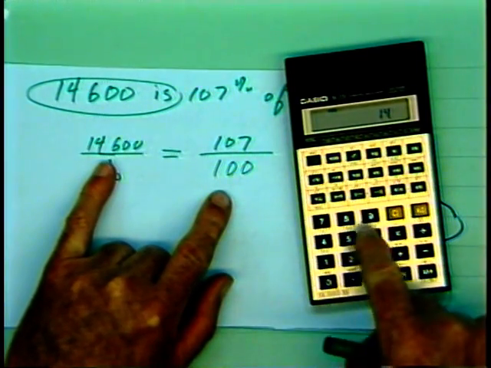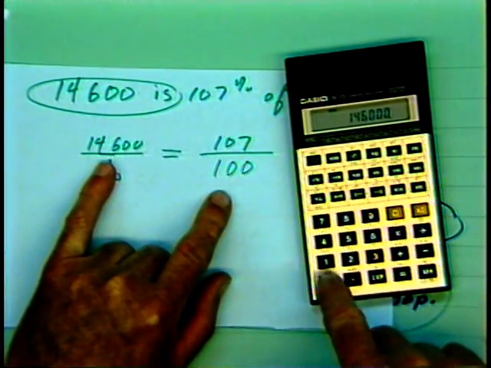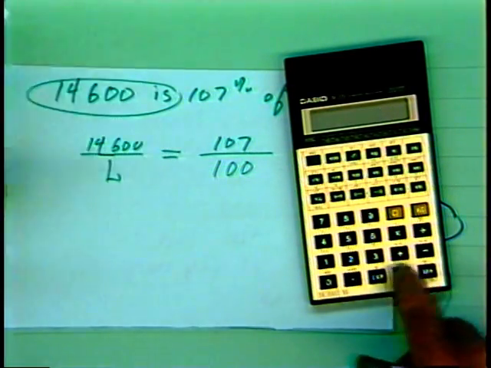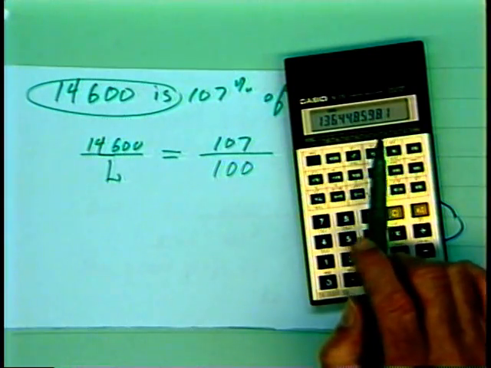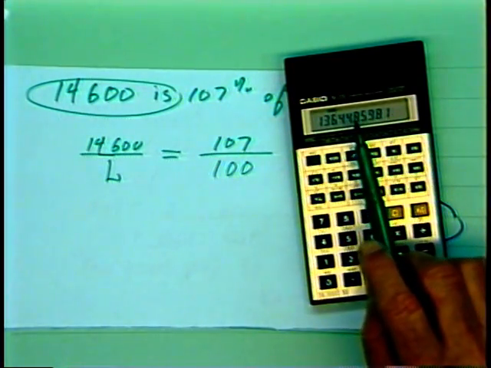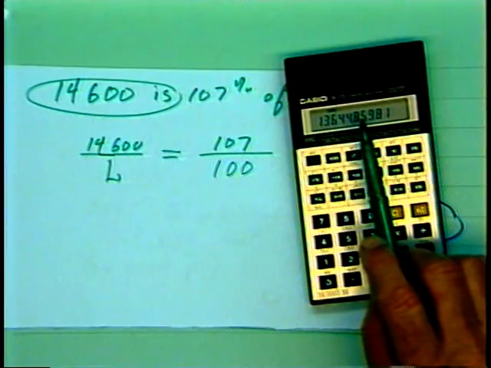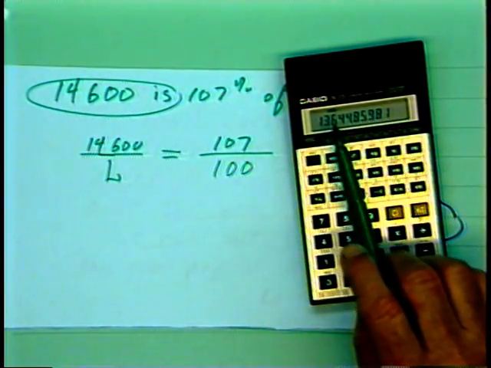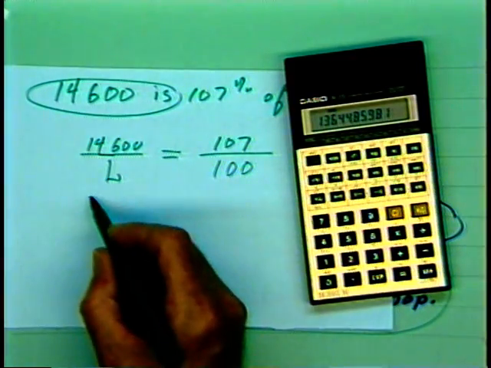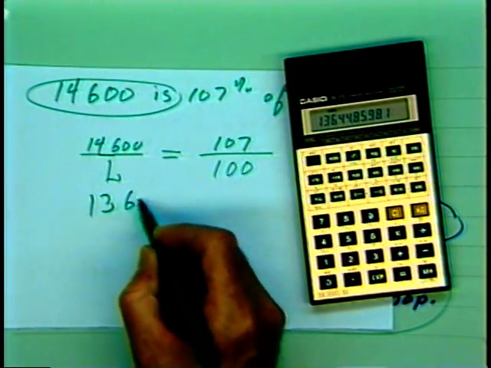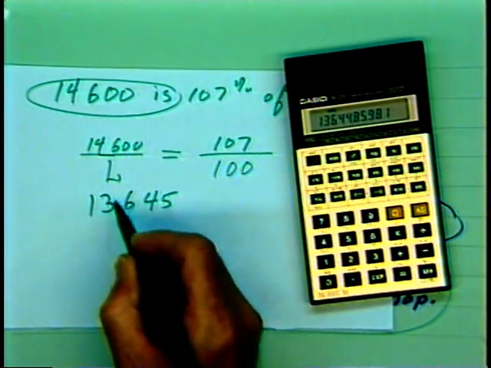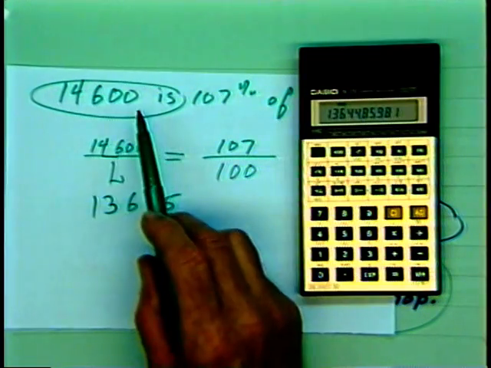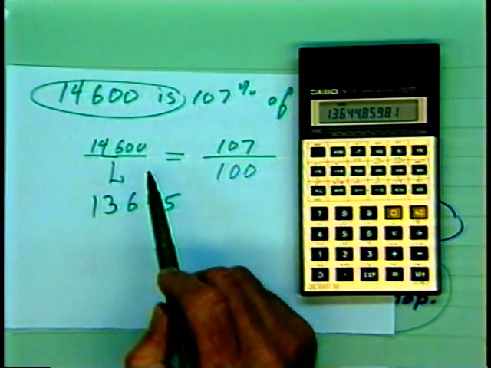So 14,600 times 100, divided by 107 equals, and of course populations don't allow us to have fractional people, so we'll round this off to the nearest whole person, which is 13,645. And indeed, last year's population is less than this year's, as we said it should be.